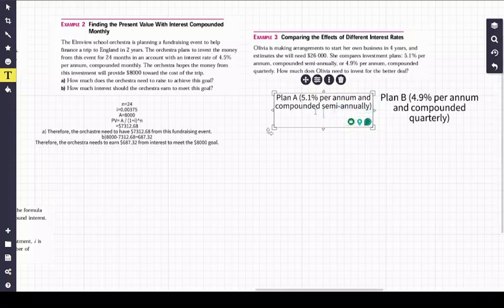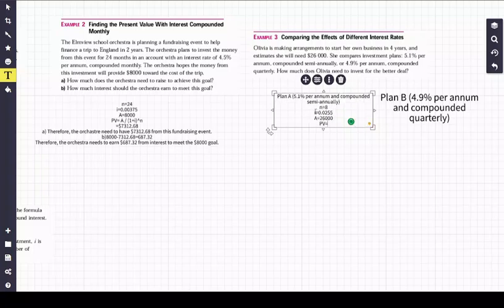So our n is going to be, in 4 years, semi-annually, so twice per year, so 8. And our interest rate is 5.1 divided by 100 divided by 2 per year, so 0.0255. And our A is going to be $26,000.